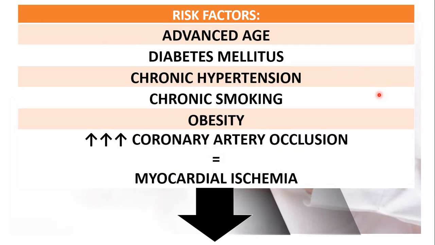And also, chronic smoking and obesity should also be stopped in these patients because they aggravate further the disease. When all of these risk factors are present in our patient, it increases the likelihood for coronary artery occlusion leading to myocardial ischemia.